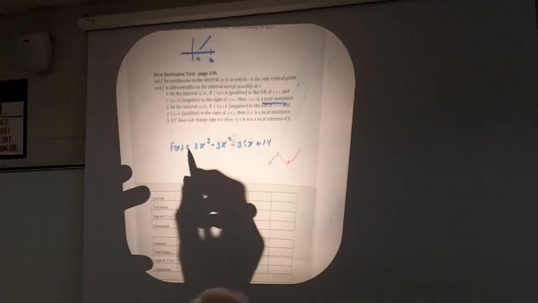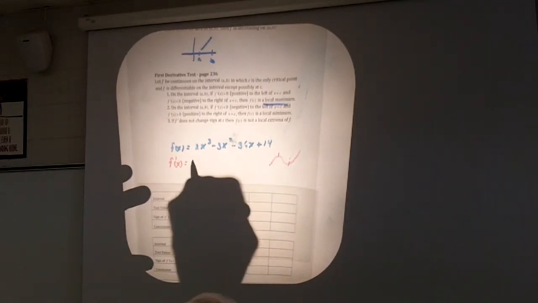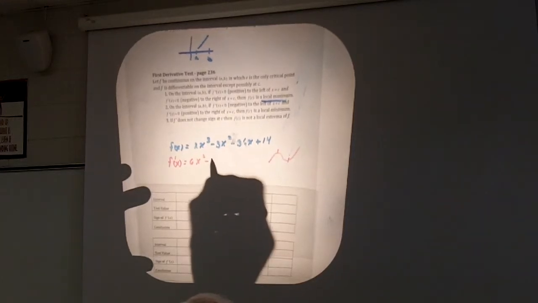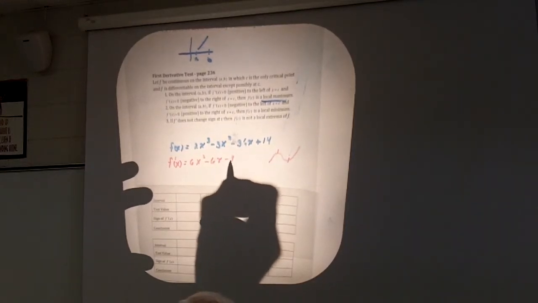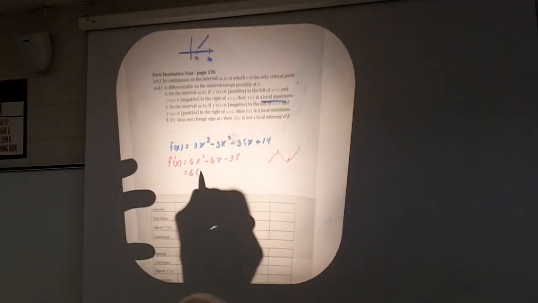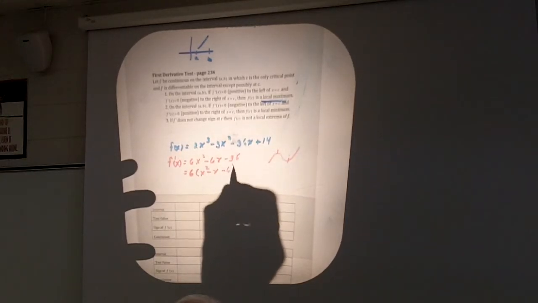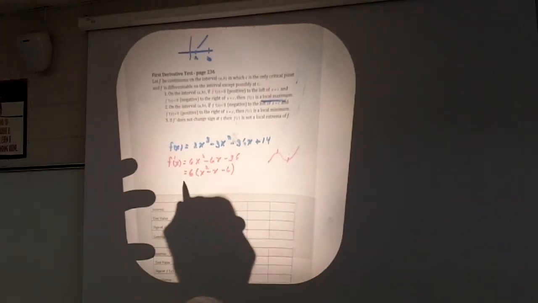Now, first thing I'm going to do is find the first derivative to find the slope, to find the critical points. So this is going to be like this. And then we're going to make this 6 times x. Can you take a 6x? And then I know there's not an x here.